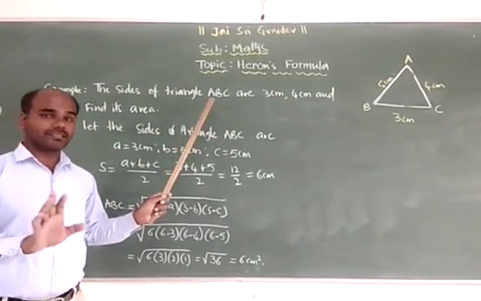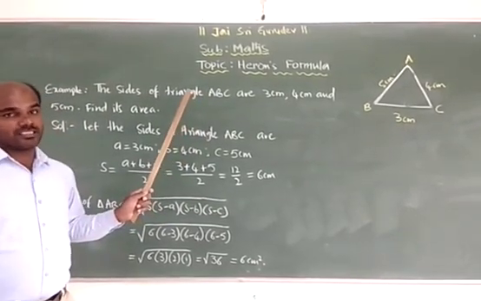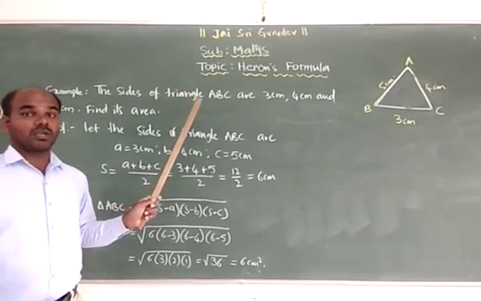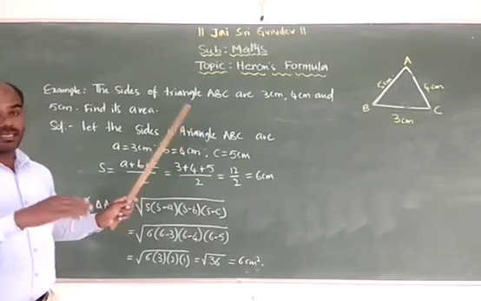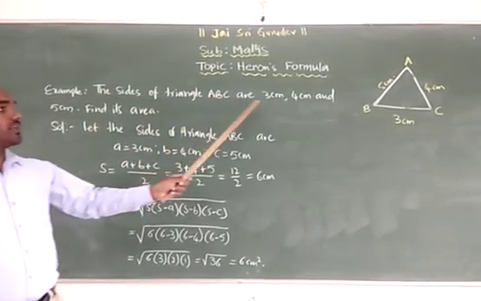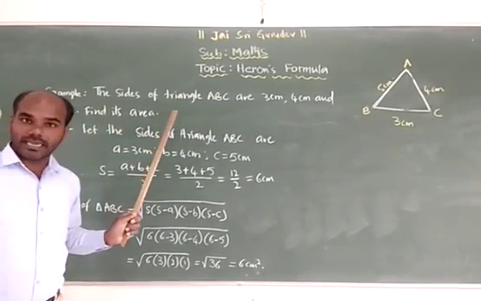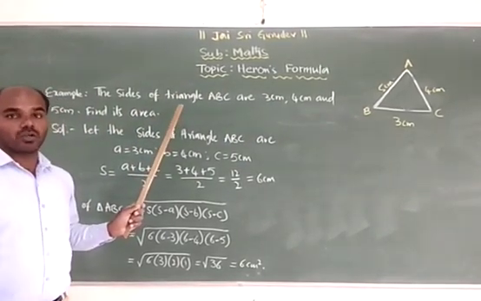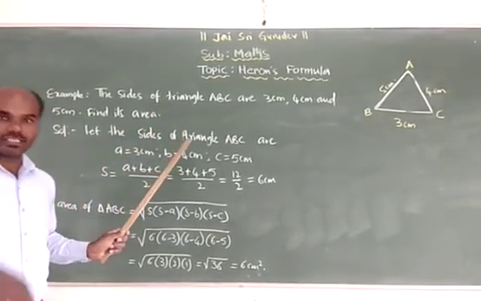It is not a base and height. In the earlier classes, in 6th, 7th, 8th, we knew only base and height. But in this problem, 3, 4 and 5 centimeters are the sides of the triangle.